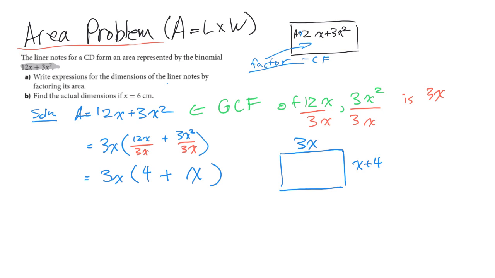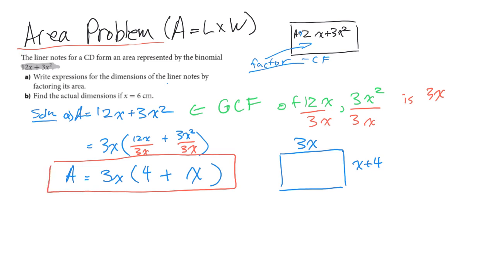Now it says, find the actual dimensions if x is equal to 6. So all we're going to do is we're literally going to substitute our information in. So that was A. So let's just make sure that we identify this as the answer to A.